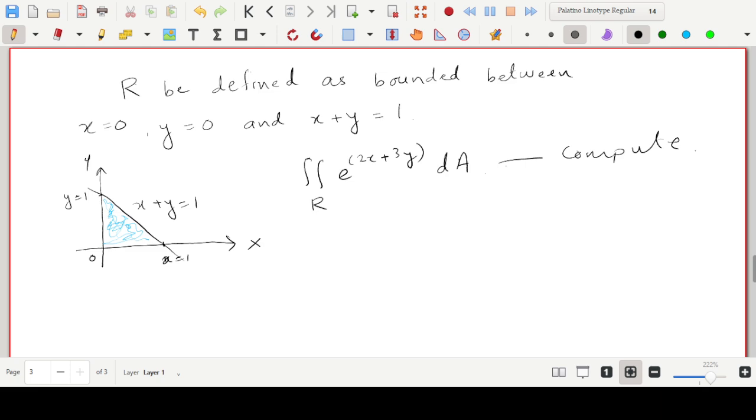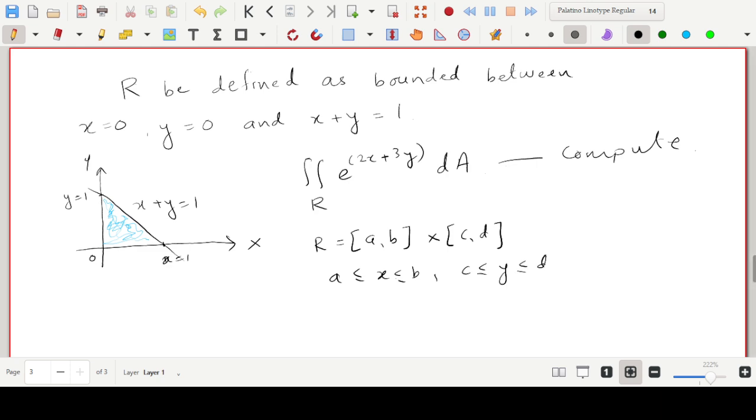Earlier we saw that when R is a rectangle, which is AB cross CD, any rectangle in the plane has this form, and in that case x varies from A to B. So we have A less than or equal to x less than or equal to B, and C less than or equal to y less than or equal to D.